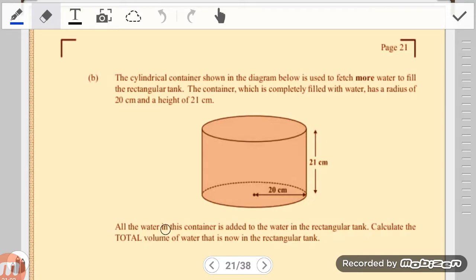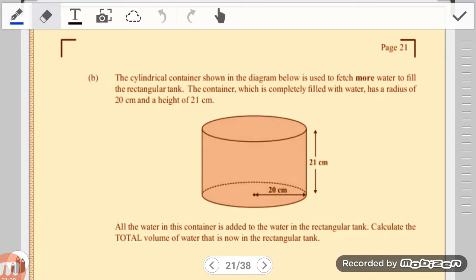Now it says all the water in this container is added to the water in the rectangular tank. So we already know that there's 30,000 cubic centimeters of liquid already in the rectangular tank, and now some more water from this container is going to be poured into that tank on top of what we already have. Our job is to calculate the total volume of water that is now in the rectangular tank.